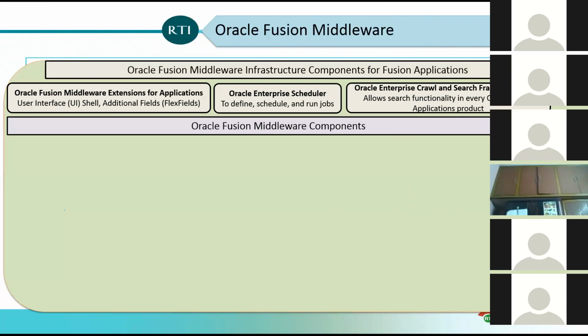But Oracle is not keeping marital status mandatory in the screen. Then you customize the screen and change the property to mandatory. That user interface change comes into the user interface shell and is stored in the Fusion middleware extension for Fusion applications.